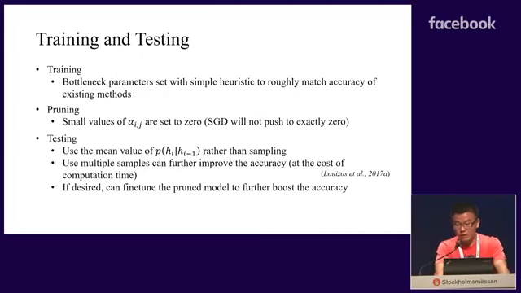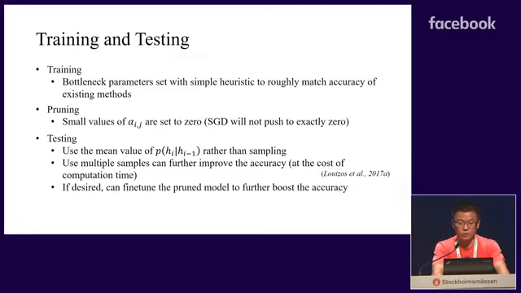Then we empirically evaluate our variational information bottleneck network. In the training phase, we set the bottleneck parameters such that our accuracies roughly match the accuracy of the existing methods, so we can compare the compression performance directly with them. After training the network, we prune the neurons in the fully connected layers and the filters of the convolutional layers which have small alpha ij, because if we optimize the network using SGD, it is impossible for alpha ij to be exactly 0.